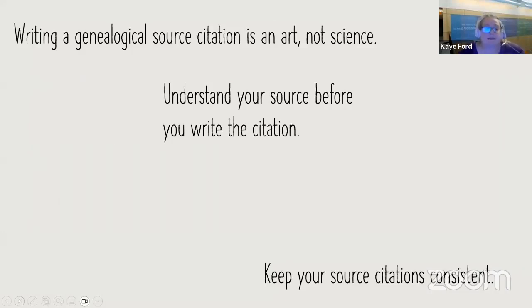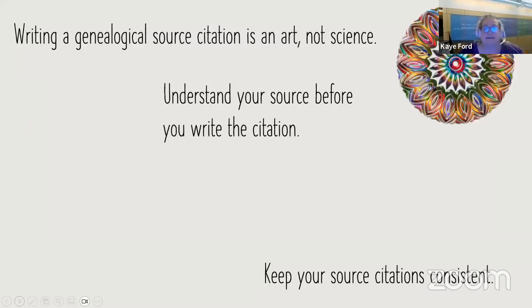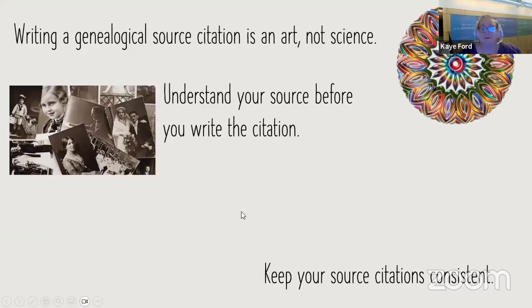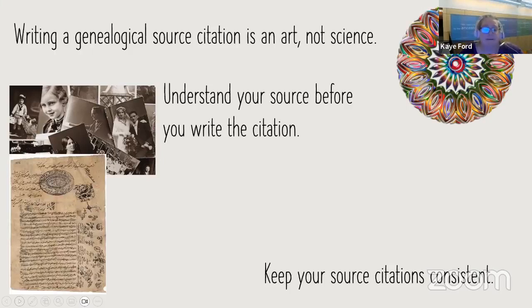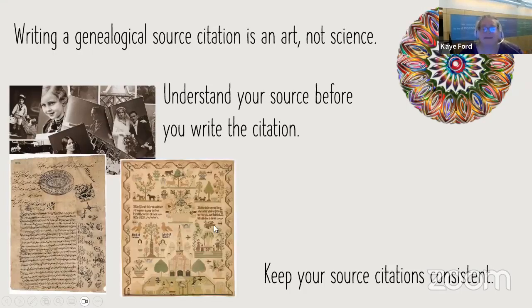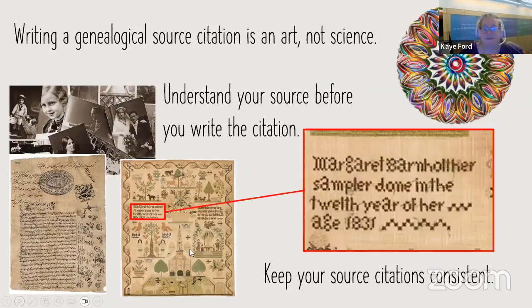So writing a source citation is considered an art. It's not science. And it helps if you understand your source before you write the citation. So are you looking at an old photo, an old document, or even a sampler? I found this sampler interesting because there is a little piece of information that you can take from it.